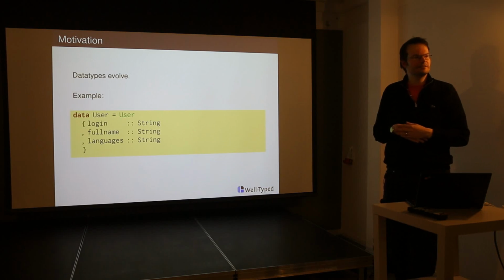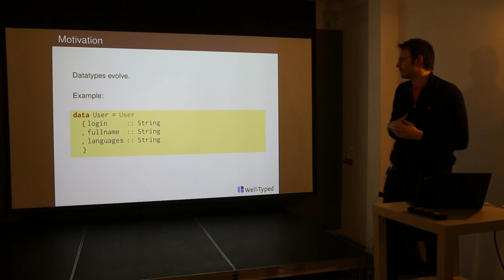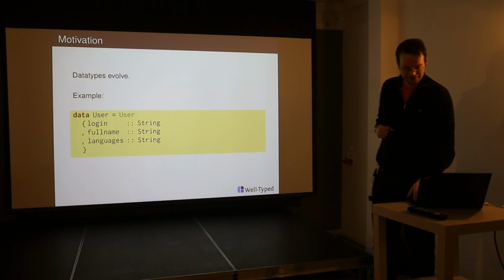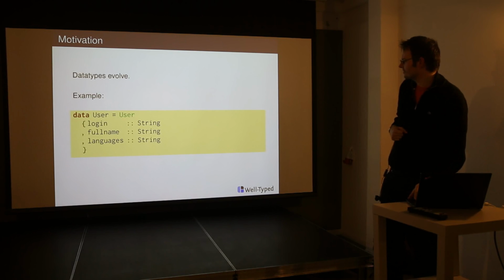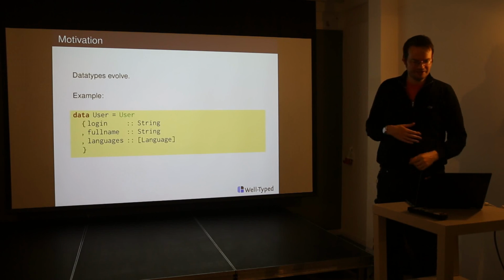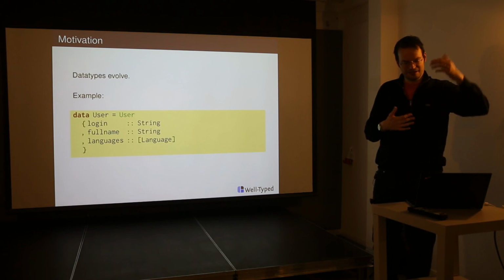And then perhaps you say, well, actually I would like to more systematically record the favorite programming languages of the user, so you change the languages from a string to a list of language or something like that. And you can imagine that you have many more steps like this. And so your data type evolves over time.